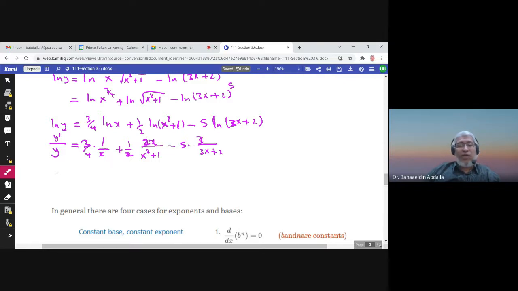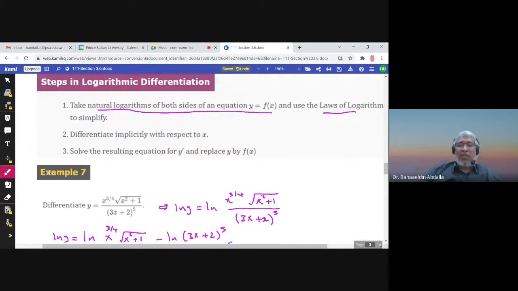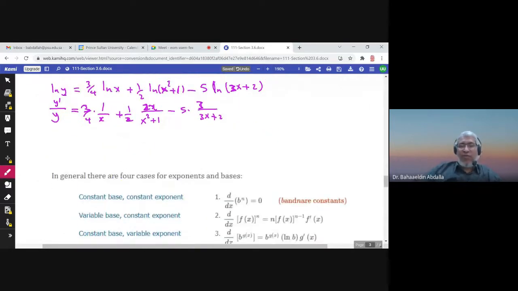So finally, I can solve the resulting equation for y prime and replace y by f of x. So I can write y prime equals all of this times y. I can multiply both sides by y. So here I have 3 over 4x, and here 2 cancels with 2, and I will have x over x squared plus 1, and here I have 15 over 3x plus 2.